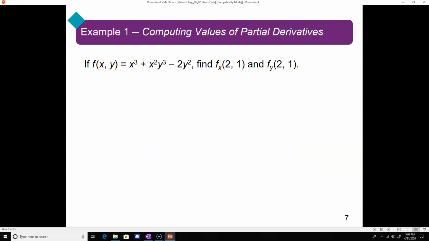Okay, so in this example, they want you to find the partial derivative with respect to x, and then plug in 2, 1, and then the partial derivative with respect to y and plug in 2, 1.